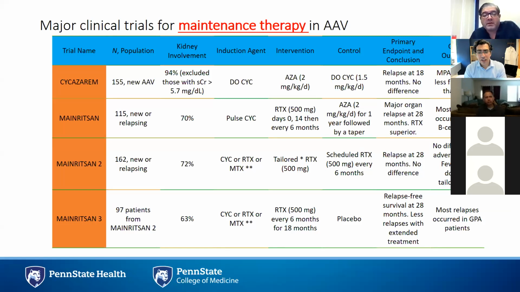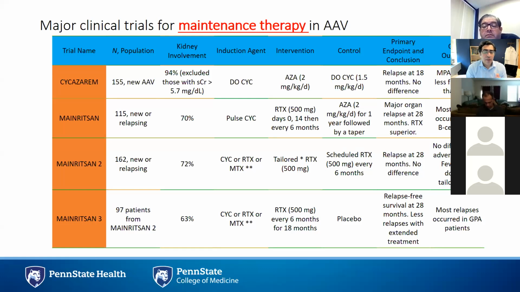the induction was oral cyclophosphamide, the intervention was azathioprine, control was oral cyclophosphamide as well, and the endpoint was relapse at 18 months. There was no difference. So this brought the idea of using this drug in place of the cyclophosphamide. And then one of the other outcomes we found was that MPA relapses less frequently than GPA.